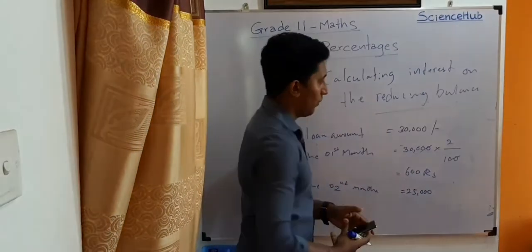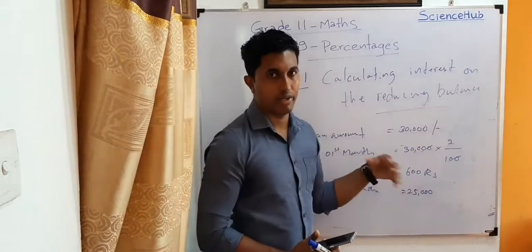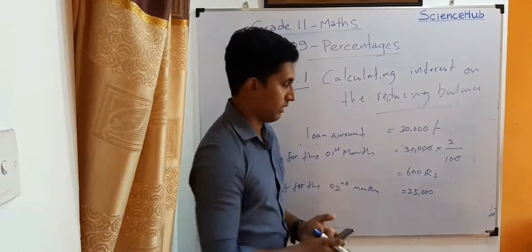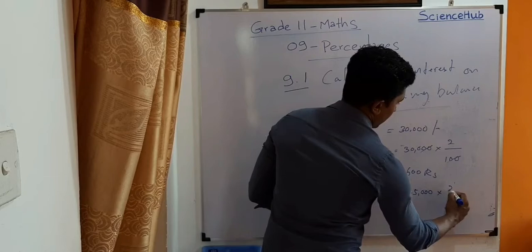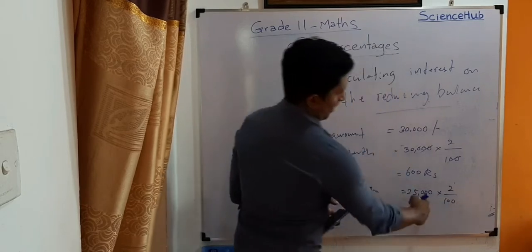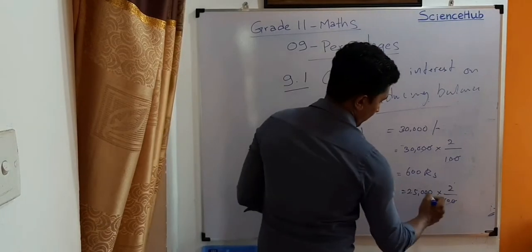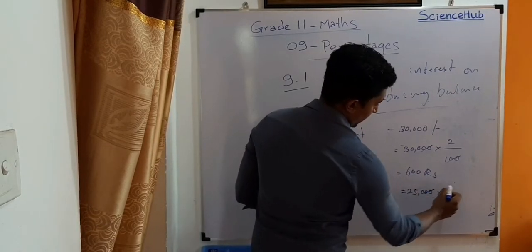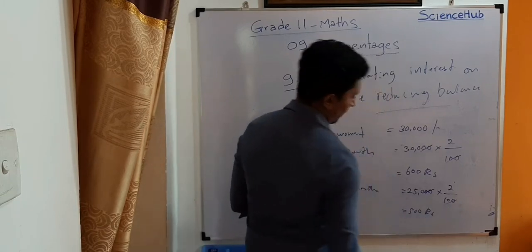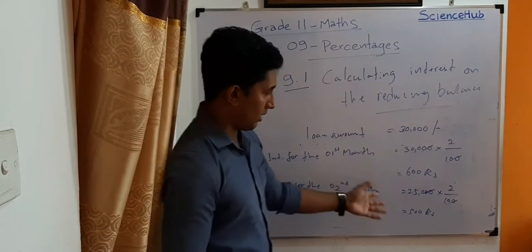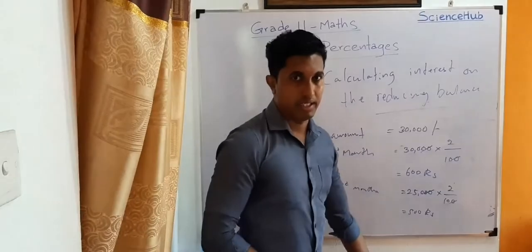Therefore, we have reduced 5,000 from this 30,000, and again with the same method we find the interest for the second month. Then 250 into 2, it's 500.